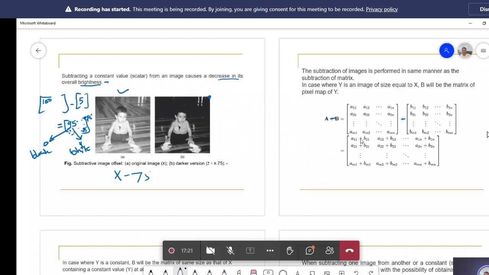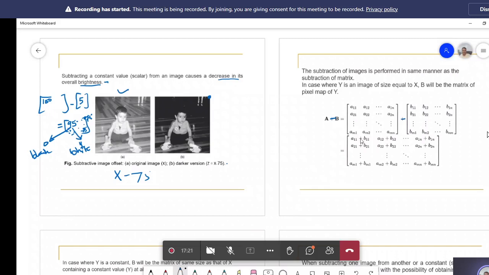Similarly in this way. Okay. For this, am1 minus bm1, this is the last element, this is amn minus bmn. Okay, so this is the simple way to subtract the elements of an image.